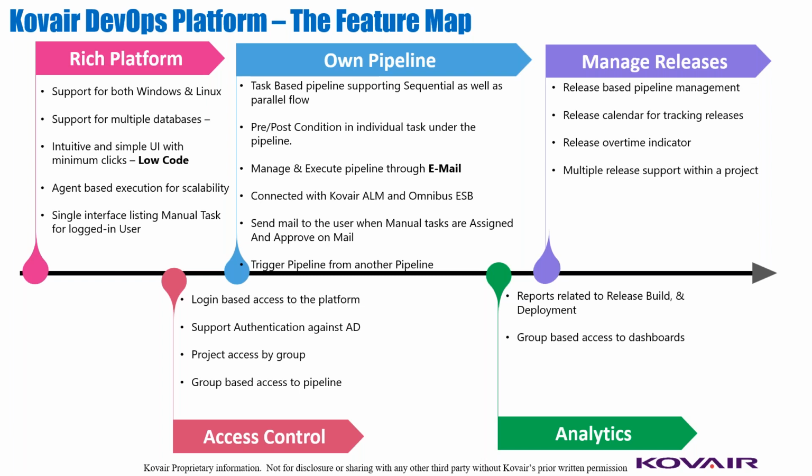And the last point is analytics. The platform does support reports and dashboards. It has at least 9 or 10 predefined reports, which are the indicators for the releases, the timelines, the release calendars, the pointers to them.